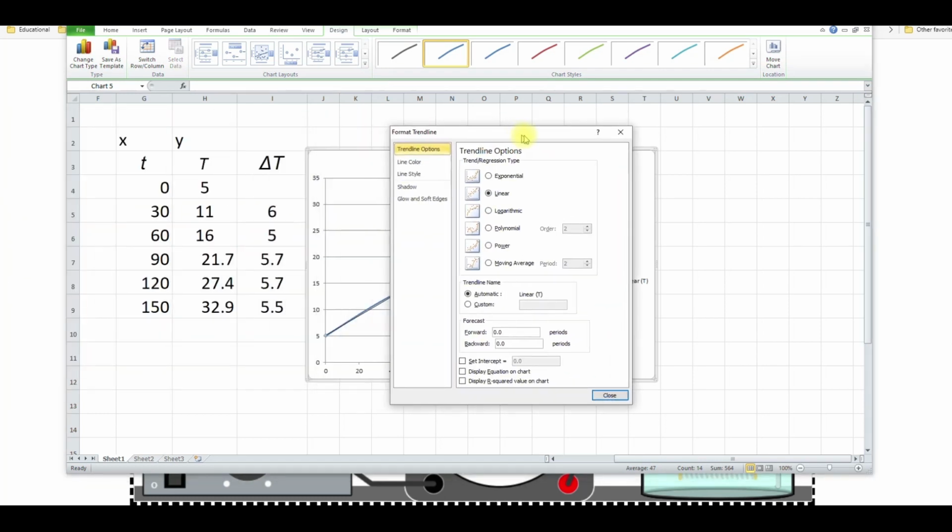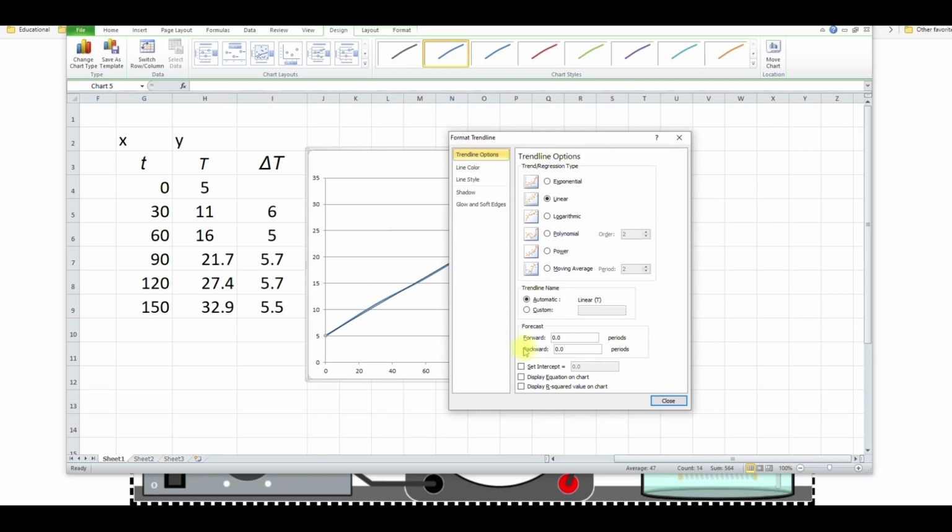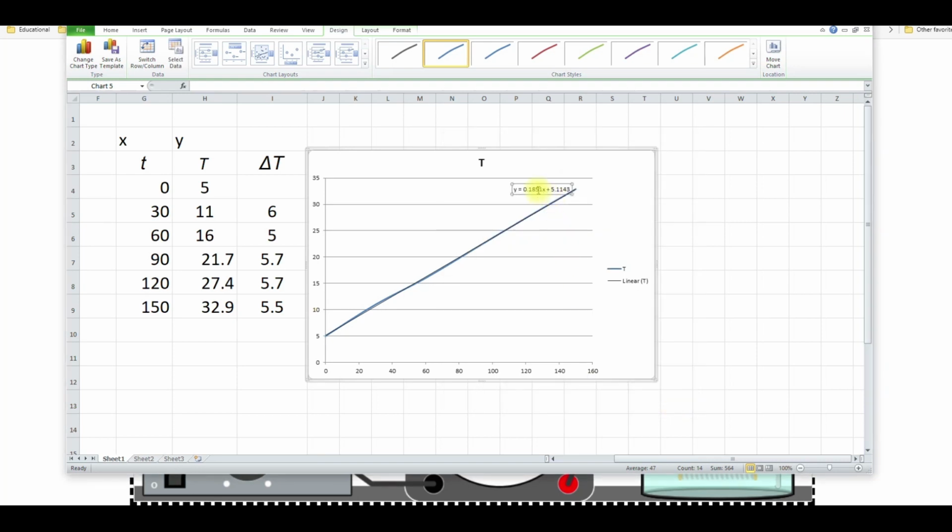Once you have the trendline, this is how it will look. Select below, display equation on chart. Once you have the equation on chart, let's increase the size to 24.